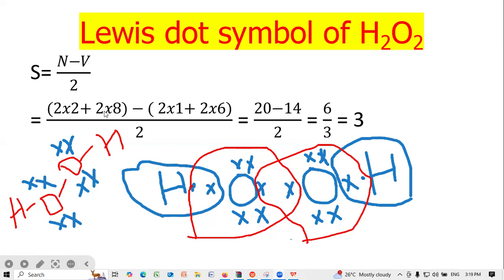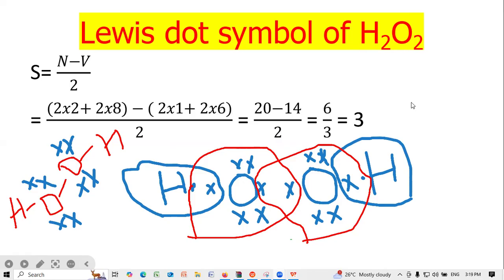So 2 multiplied by 8, because oxygen is an octet. This is the N part of the formula, minus the V part: 2 hydrogens, so 2 multiplied by 1, because the valence electron of hydrogen is 1, plus 2 oxygens, so 2 multiplied by 6, because the valence electrons of oxygen is 6.